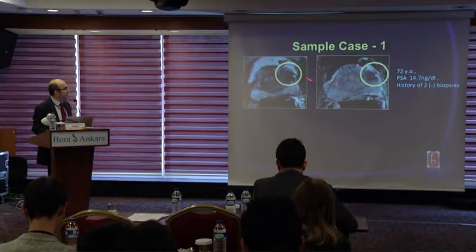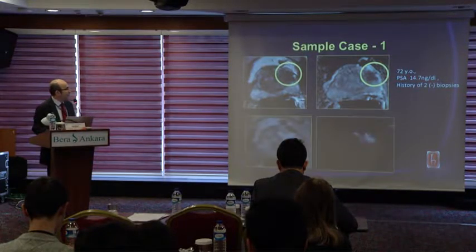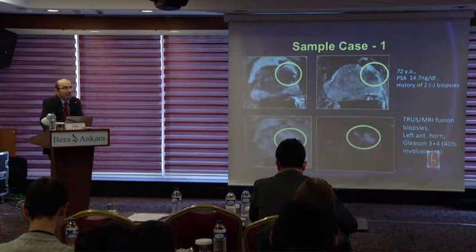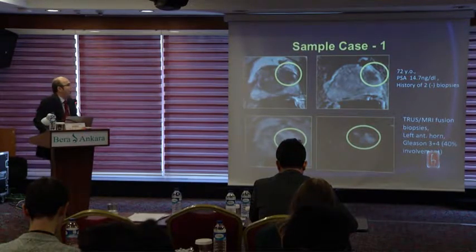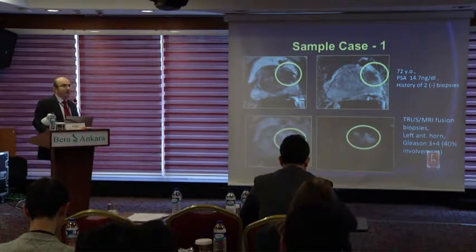Here is a suspicious lesion in the left anterior horn, which is a typical area for missed cancers. With the functional sequences, again, we confirm the presence of an abnormality here. The fusion biopsy was performed, and the left anterior horn was found to have prostate cancer with Gleason score 7.